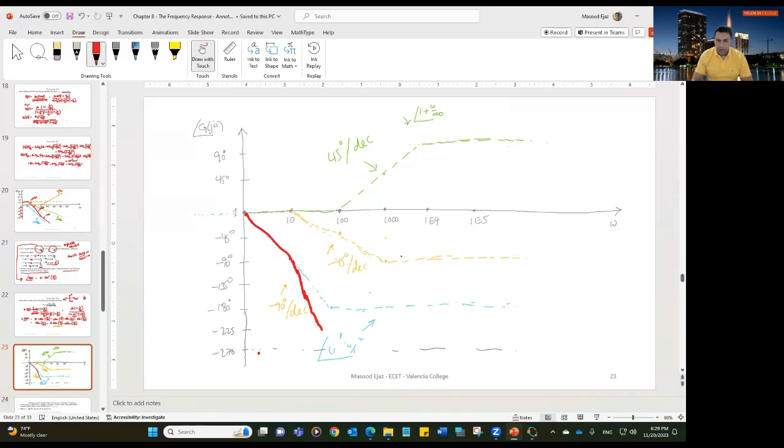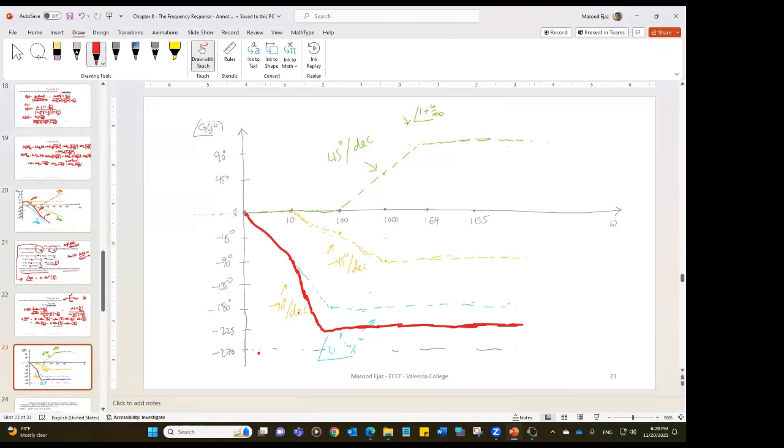And actually this all will cancel each other, 90 degrees, 90 degrees. So these two will start canceling each other, and you will have just 225 degrees that will be left. And that's going to be your final phase for all frequencies.